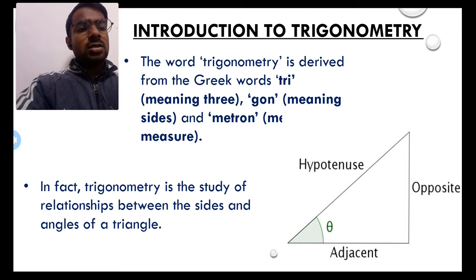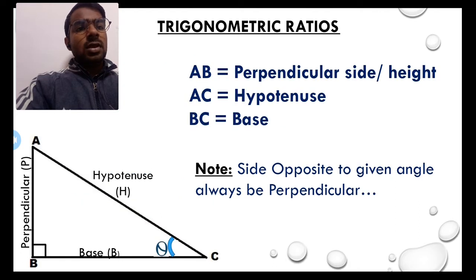Trigonometry is completely based on triangles, and these triangles consist of perpendicular, hypotenuse and base. Sometimes the perpendicular is also known as height.